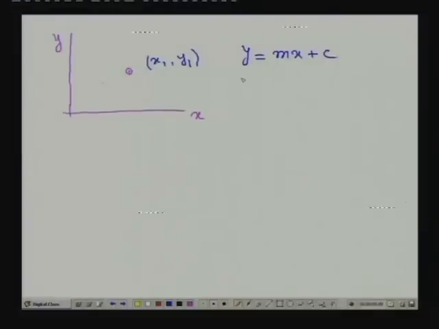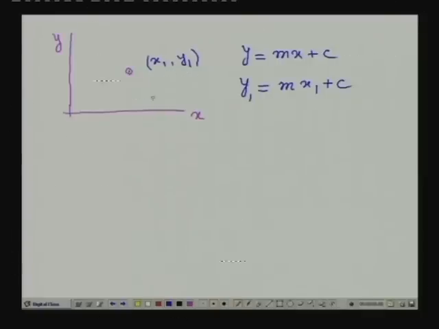So, what I will get is y 1 is equal to m x 1 plus c, and this is the equation that has to be satisfied by all the straight lines that pass through this point x 1 y 1.